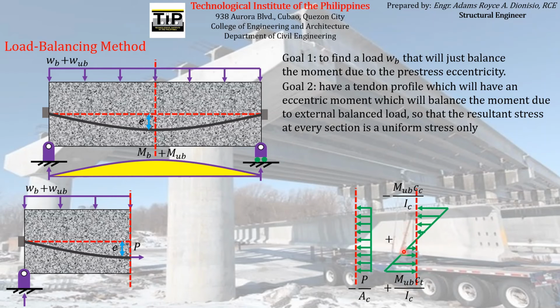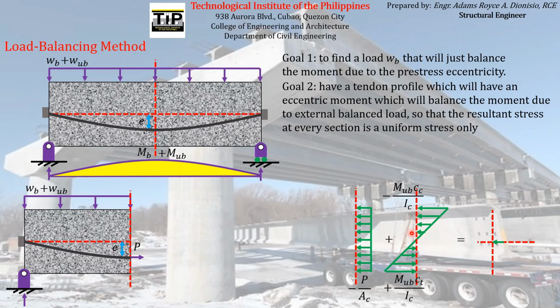So now if we find the total stress acting at every section of the concrete element with the application of the unbalanced load, the total stress diagram will now look like this.